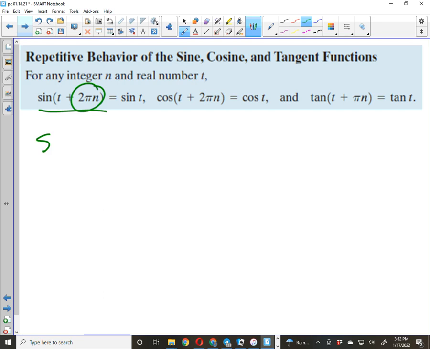It could have been the sine of pi over 3 plus any number n times 2 pi, like 2 pi times 4, something like that, and it would equal the sine of pi over 3. If you're adding or subtracting any multiple of the period, we're going to get the same answer. Same is true for cosine, tangent, cotangent.